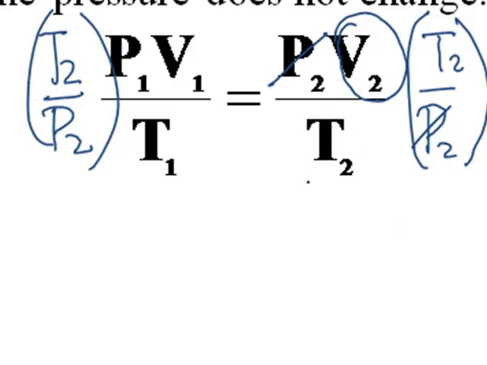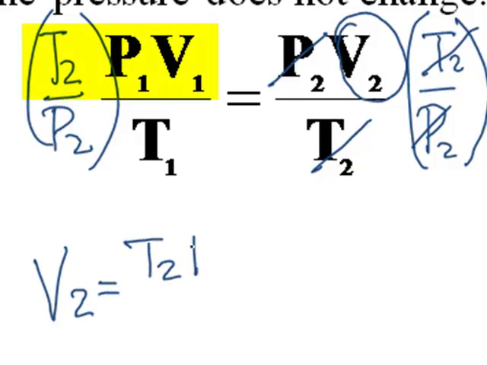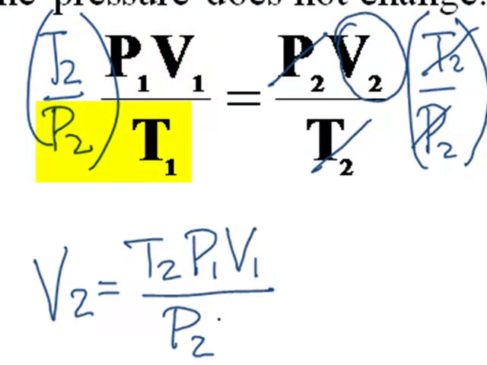So P2 cancels, T2 cancels, and I'm left with V2 equals T2 times P1 times V1 over P2 times T1. The order and the grouping of the variables doesn't matter.